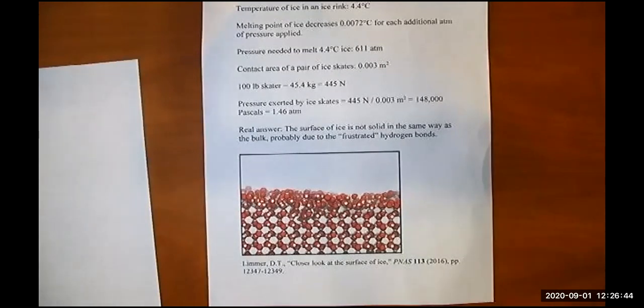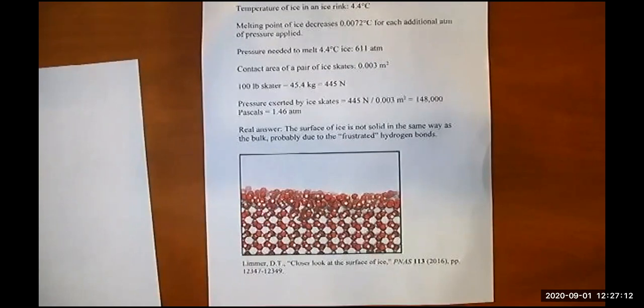So the surface molecules of water, both in the liquid and in the solid phase, tend to rearrange in a kind of disordered way to try to maximize how many hydrogen bonds you get in that phase. And so the surface of ice has a few layers thick that is disordered and somewhat mobile.